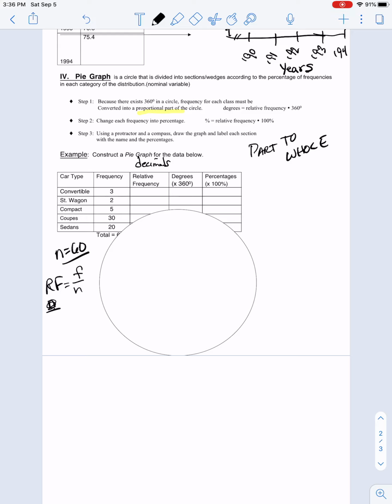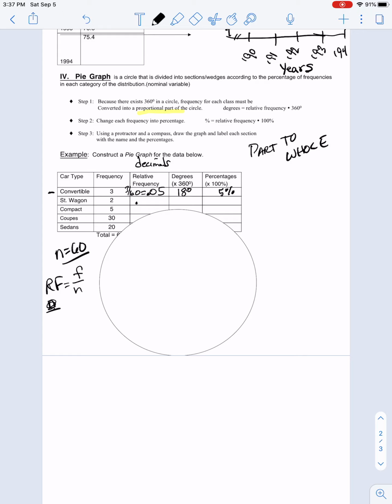I prepared those in advance, so doing 3 divided by 60, I come up with a decimal 0.05. Okay, that means 5%. And if I multiply 0.05 times 360, that's going to tell me what part of the circle the first category is, which is convertible.